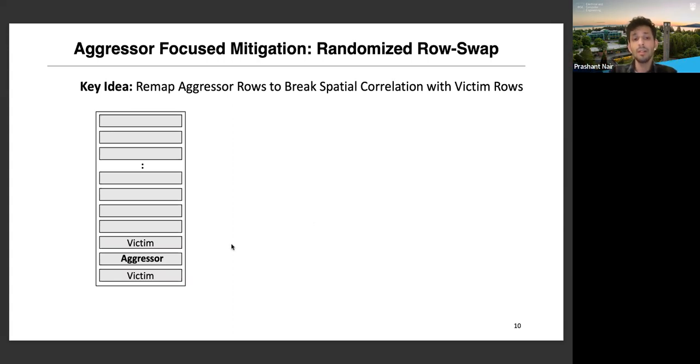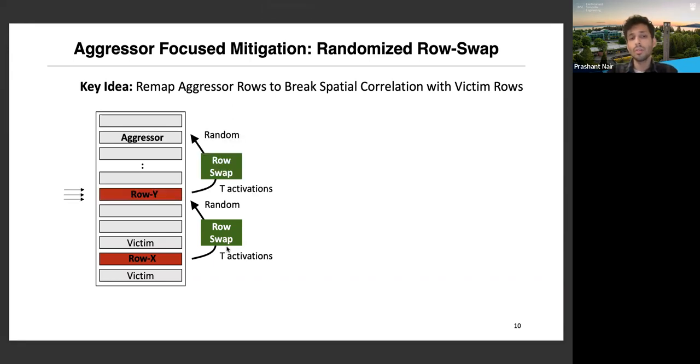So in this example, you have 2 victims for 1 aggressor row. After the aggressor is accessed T times, in this case represented by T activations, row X and the aggressor row are swapped. So now the aggressor row becomes row Y.